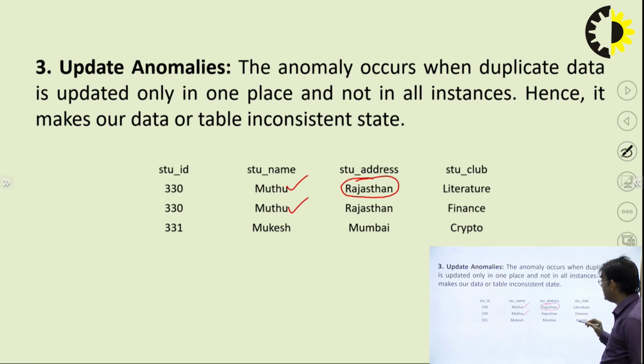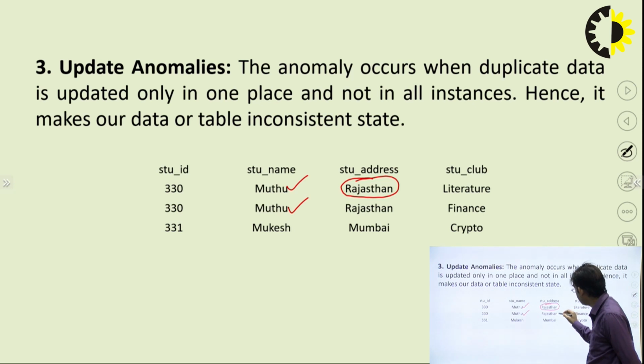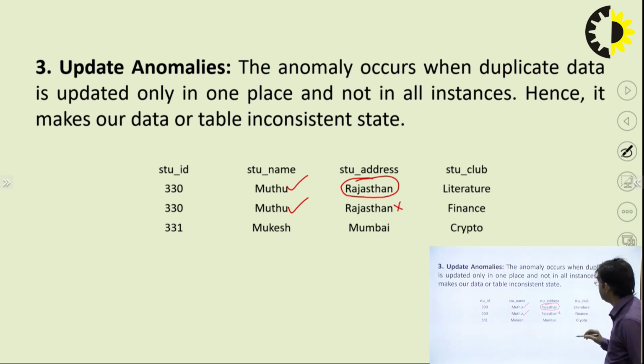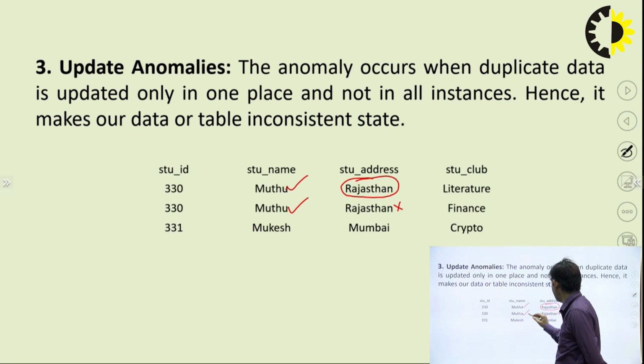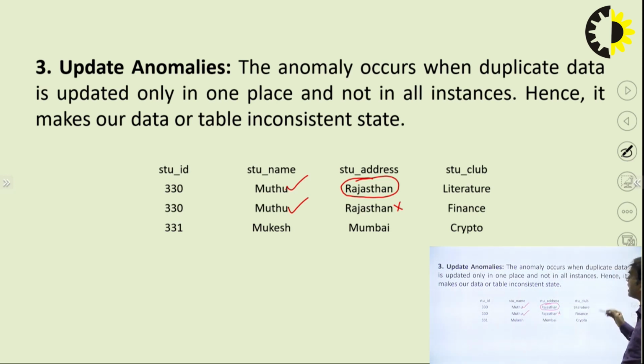What will be the impact if he does not update the address of the other also? There will be inconsistency in the database, because one Muthu has one address and the other has a different address. That's why this type of anomaly is known as update anomalies. We have to solve such anomalies in normalization.